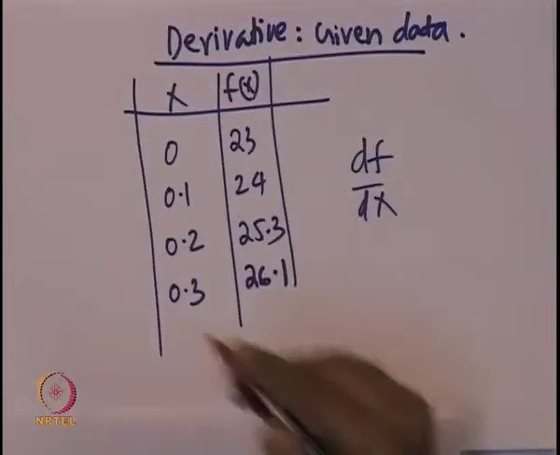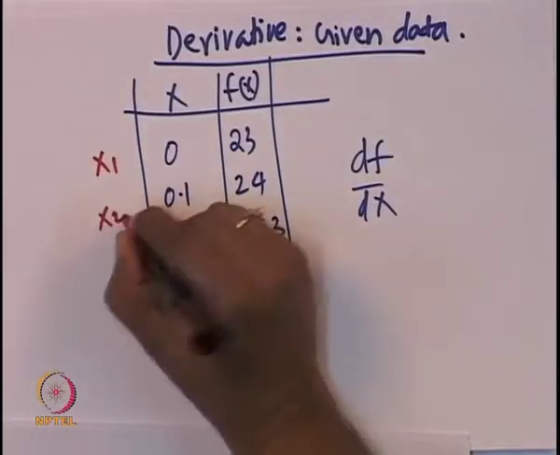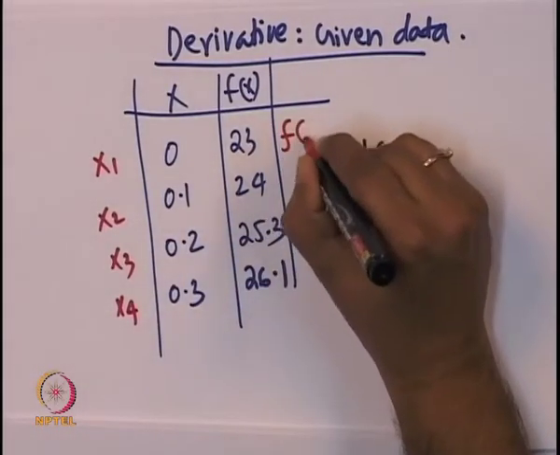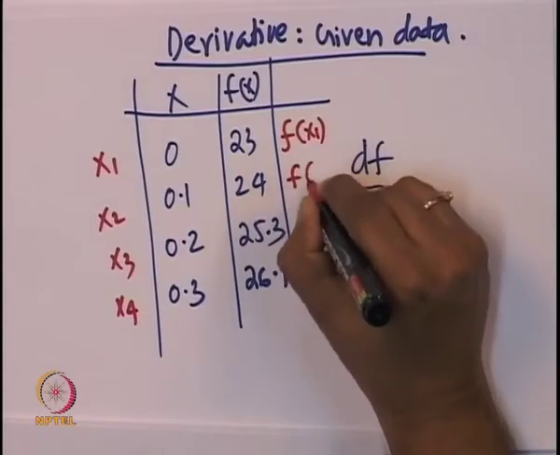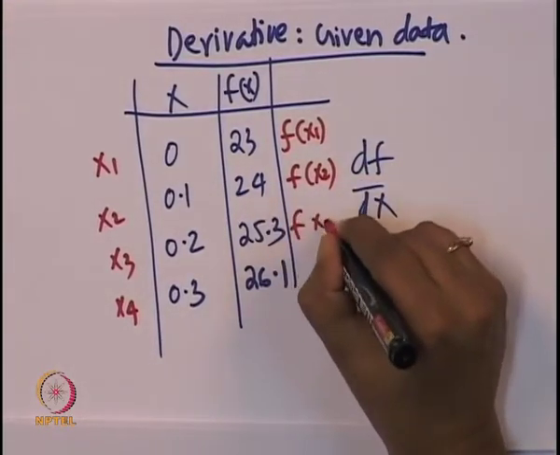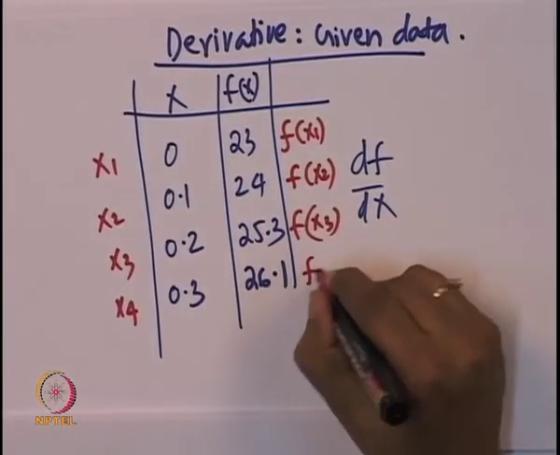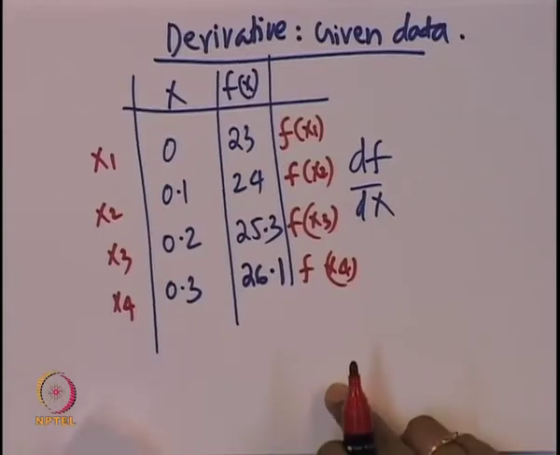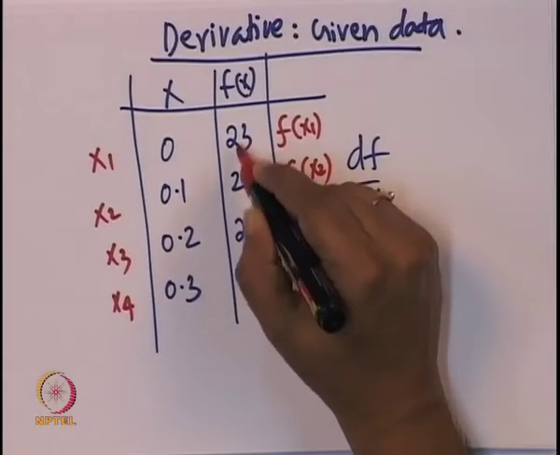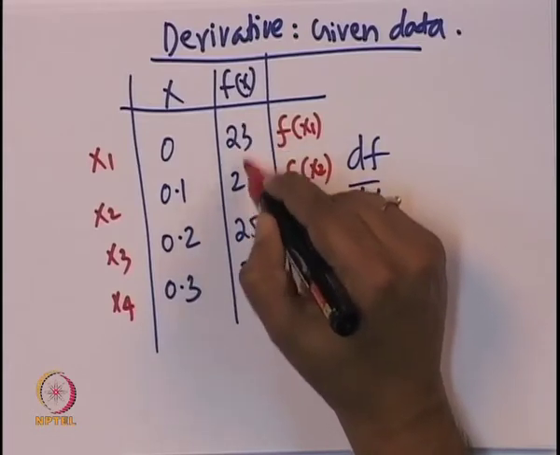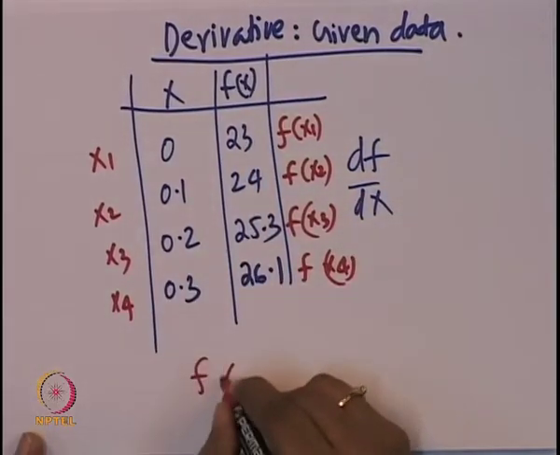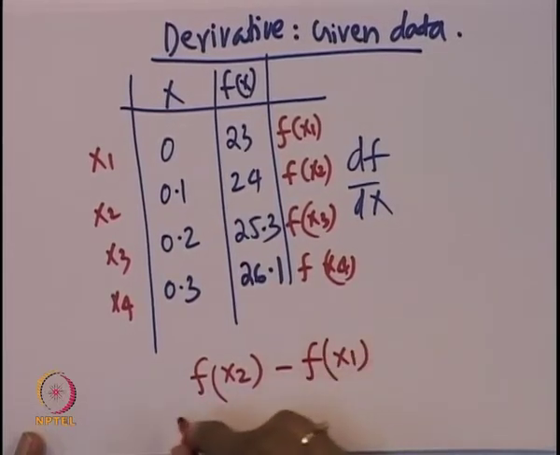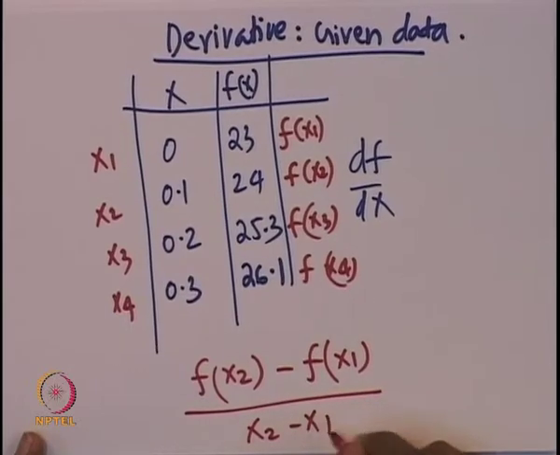So, what we have here is x 1, x 2, x 3, x 4, and f of x 1, f of x 2, f of x 3 and f of x 4. To find the slope between these two, I can do f of x 2 minus f of x 1 divided by x 2 minus x 1.